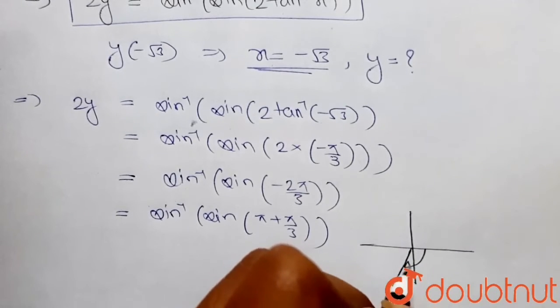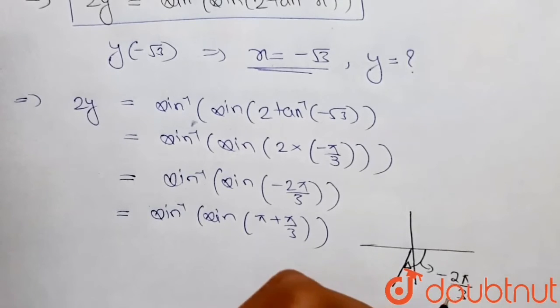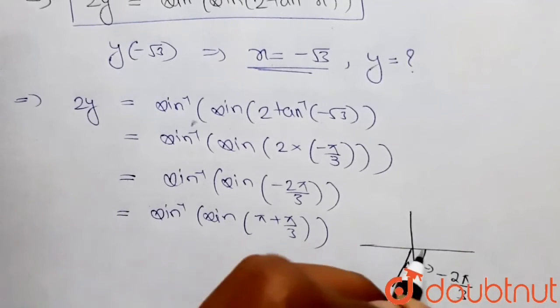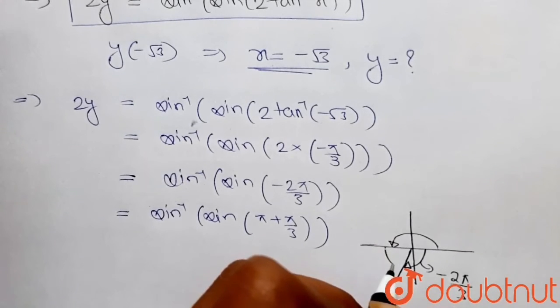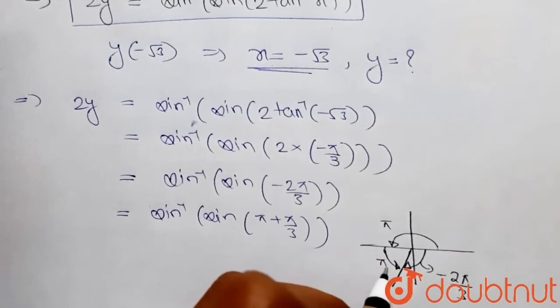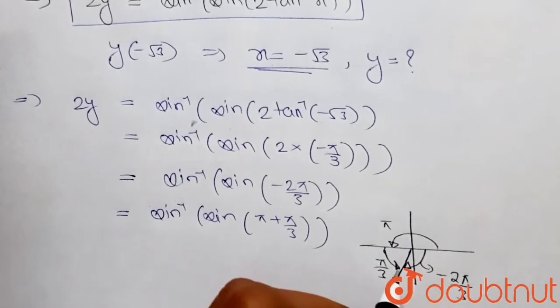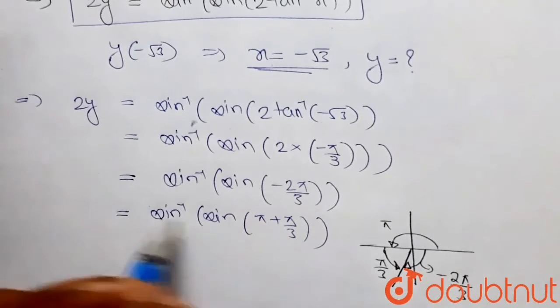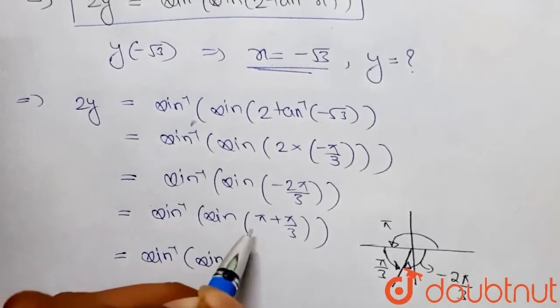This angle is basically equal to minus 2 pi by 3, so I can write this as pi plus pi by 3. This is pi and this angle is pi by 3, right? So now this will become sine inverse sine of pi plus pi by 3.